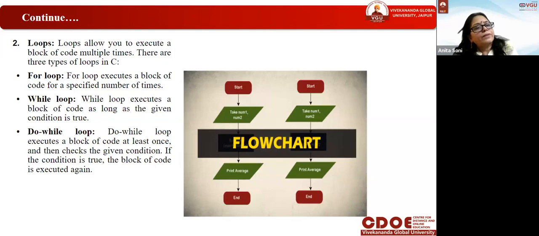In a while loop, if the condition is false, it will not execute at all, 0 times. But in a do while loop, even if the condition is false, it will execute at least once. So there are three types of loops available. You will learn the syntax of all three loops in the practical class also. So we have the for loop, the while loop, and the do while.